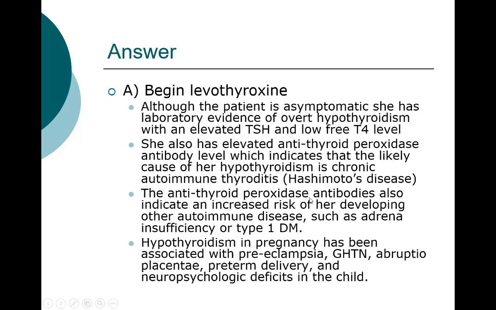The anti-thyroid peroxidase antibody also indicates an increased risk of her developing other autoimmune disease such as adrenal insufficiency or type 1 diabetes mellitus. Hypothyroidism in pregnancy has been associated with preeclampsia, gestational hypertension, abruptio placentae, preterm delivery, and neuropsychological deficits in the child. And thank you very much.